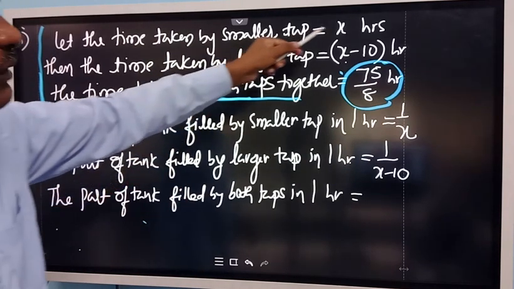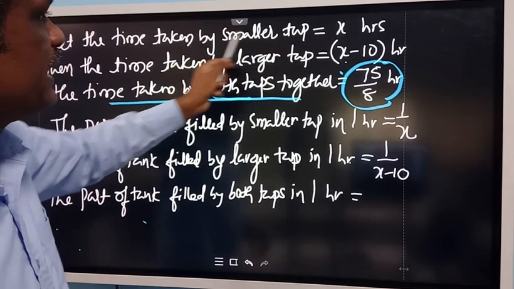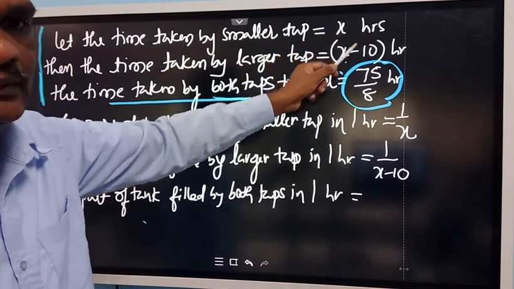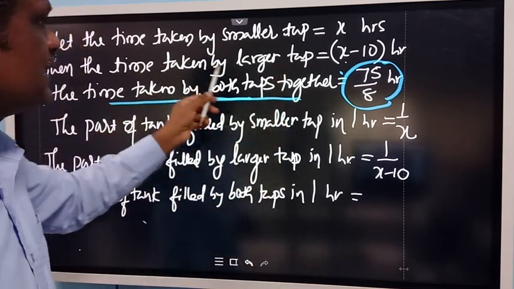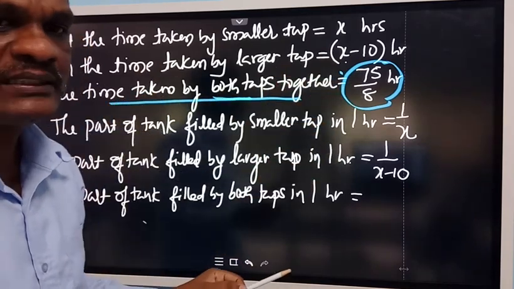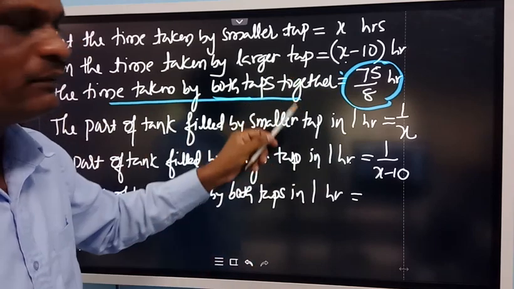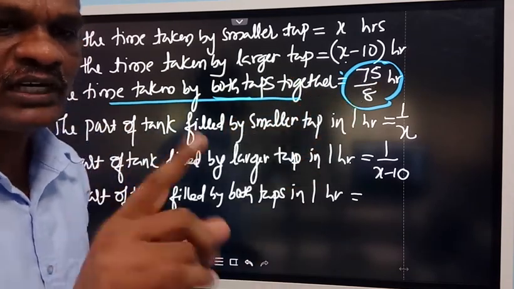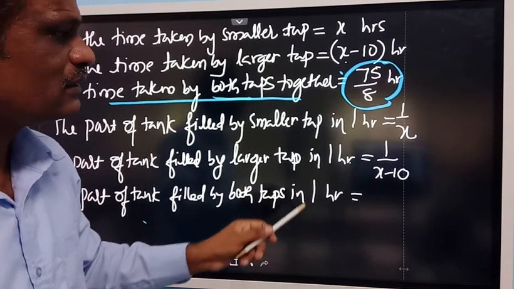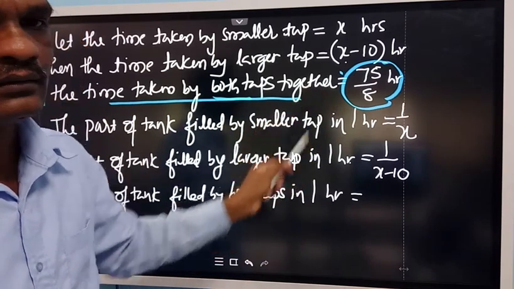See what you have done here. The smaller tap takes X hours, which means in 1 hour it fills 1 by X. The larger tap takes X minus 10 hours, which means in 1 hour it fills 1 divided by X minus 10. Both fill in 75 by 8 hours, so in 1 hour, what is the answer? 8 by 75.